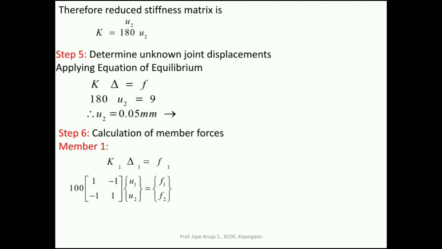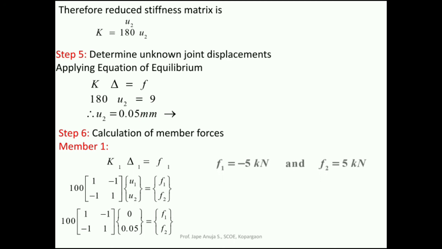Here U1 is known, 0, U2 is known, that we have calculated in step number 5, 0.05 mm. Put those values here and solve for F1 and F2. So F1 can be calculated as minus 5 kilonewton and F2 as plus 5 kilonewton.